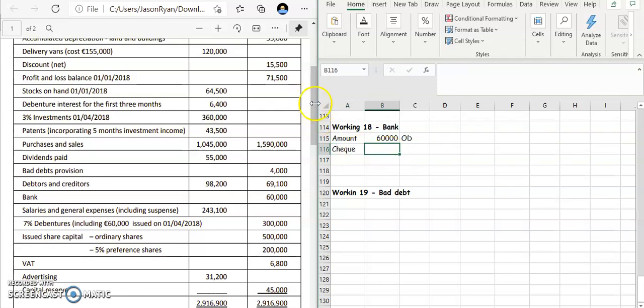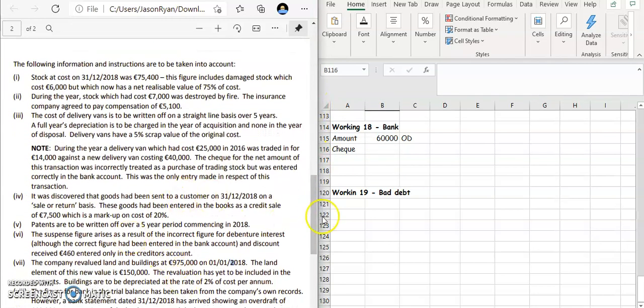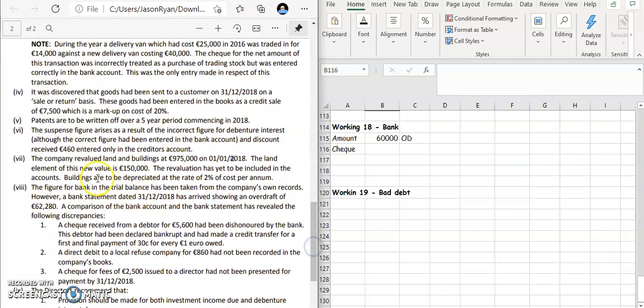That check that was dishonored was for 5,600. So that means that our overdraft is going to go higher. We're going to add those two together. So now our bank overdraft is 65,600.